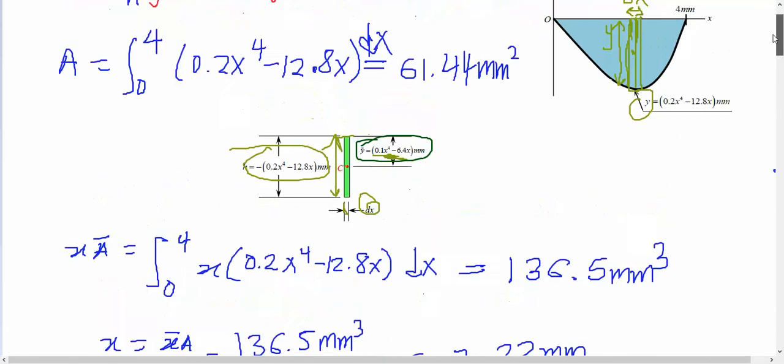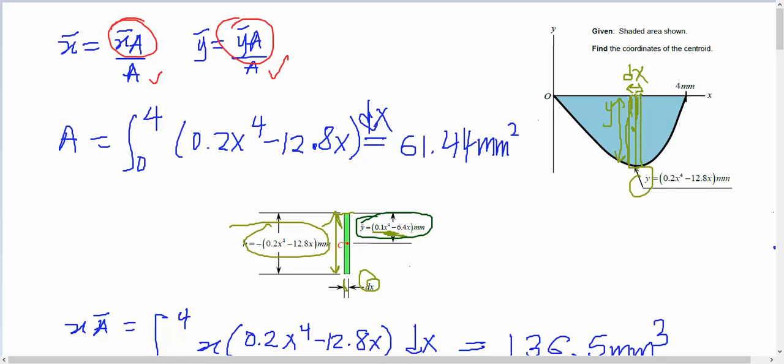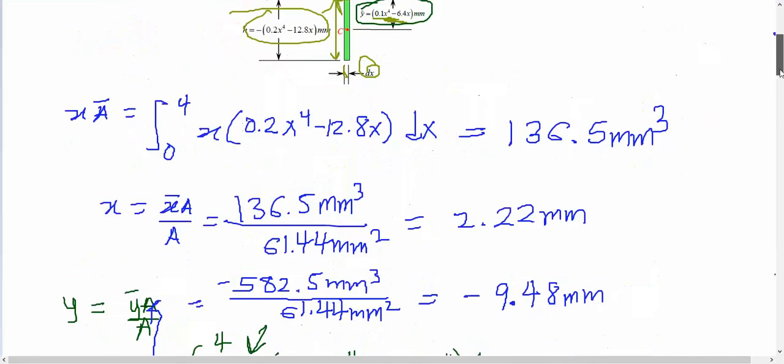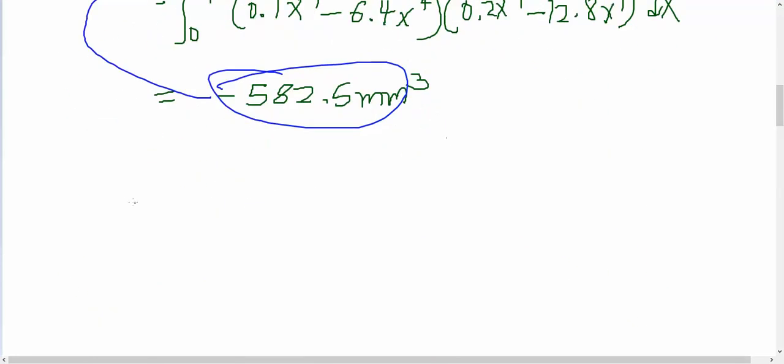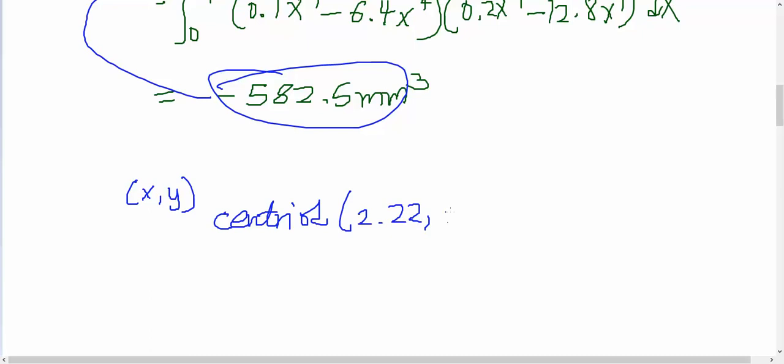So we have x of about 2.2 somewhere around here, and the centroid somewhere around here. So your final answer, as x comma y coordinates, your centroid would be 2.2 and negative 9.48, and this is in millimeters.